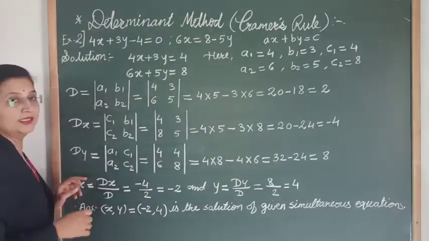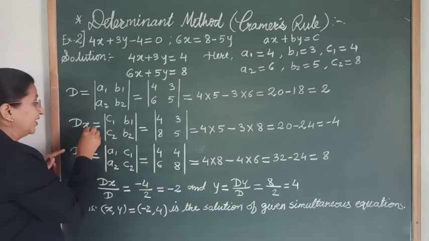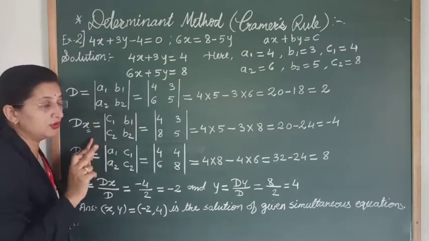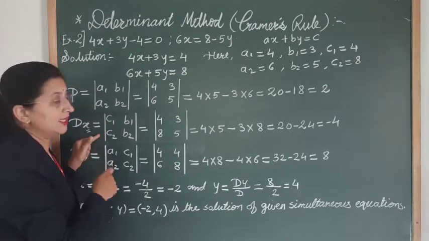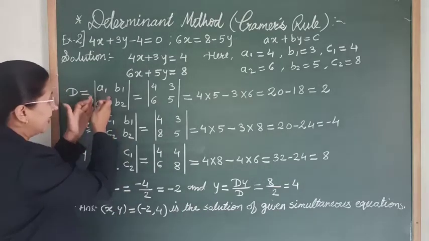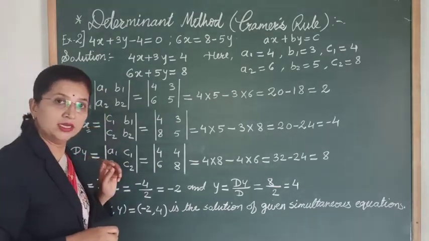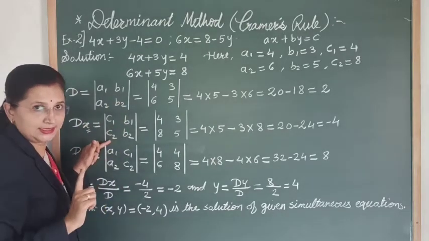Now let's find out dx. So dx in that case, as we are finding dx, don't write the coefficients of x. What are the coefficients of x? That is a1, a2. So over that, its place will be replaced by c1, c2. So c1, c2, and b1, b2 will be as they are. Okay.